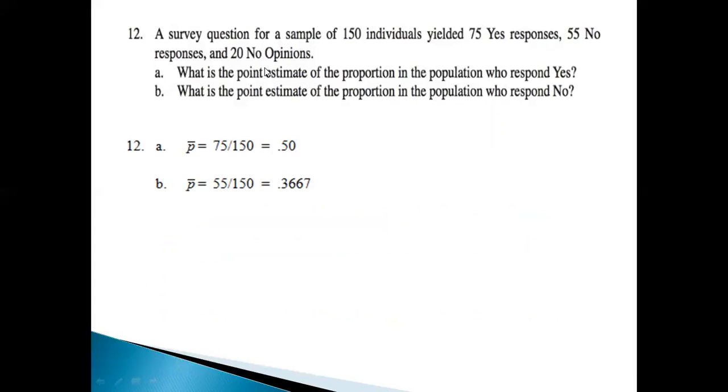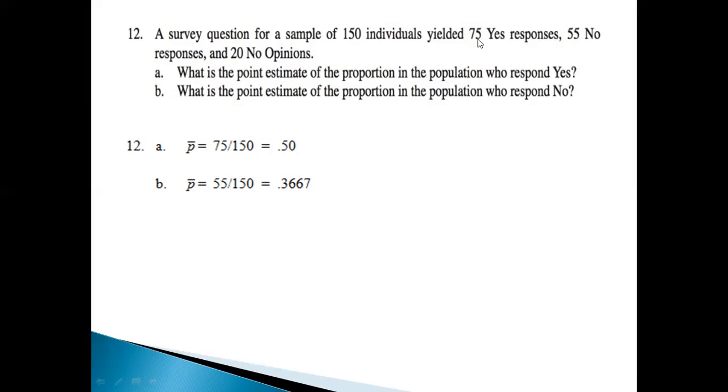Now, if I have a survey question for a sample of 150 individuals that yielded 75 yes responses, 55 no responses, and 20 no opinions, what is the point estimate of the proportion of the sample population who responded yes?